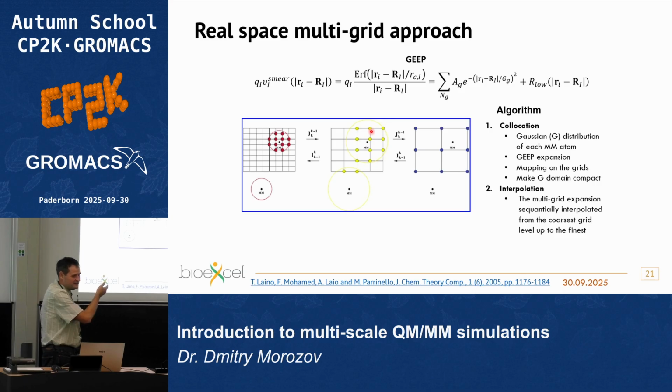CP2K always tries to project your Gaussian function onto the coarsest possible grid which describes your Gaussian with some number of points. I forgot, it's like 20 or something like that. So you can actually change this in the CP2K parameters.